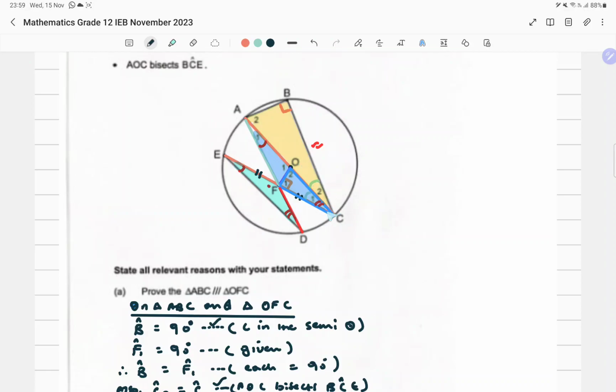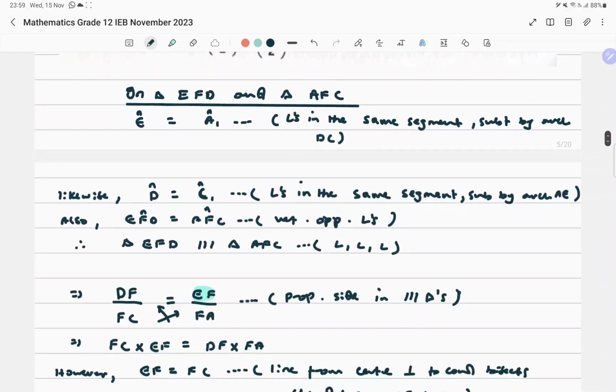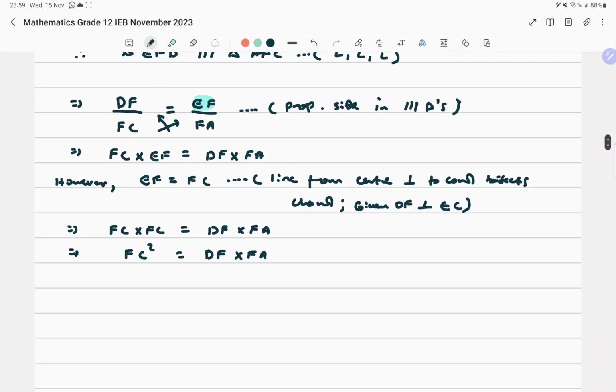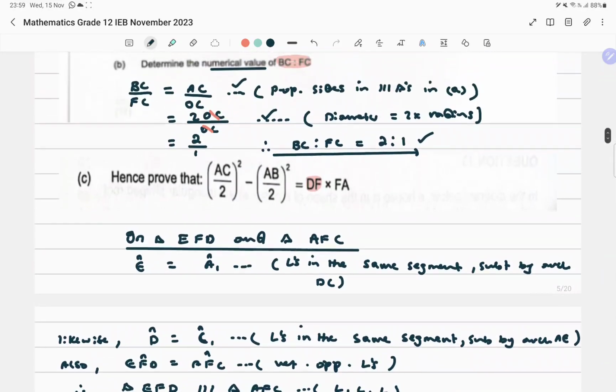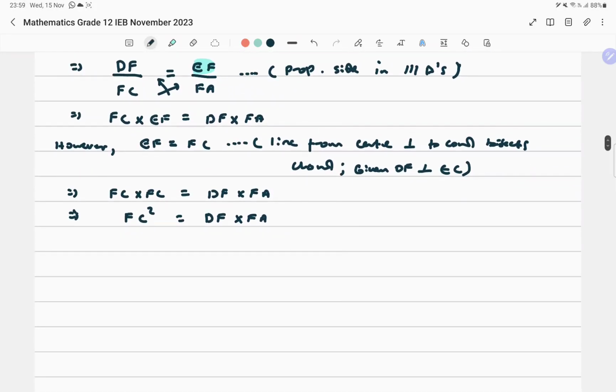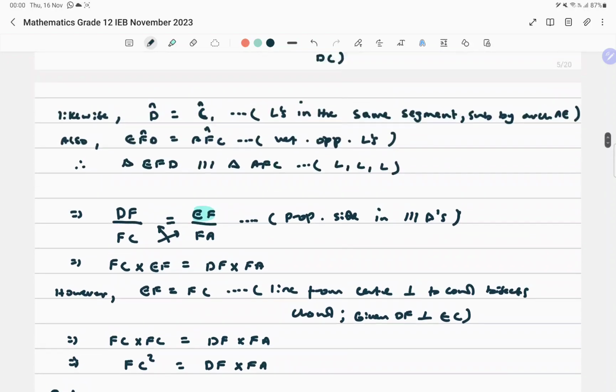Let's start with OC squared. We can say, we noted. Maybe we can still say, this is an argument. We can say, but what do we know?